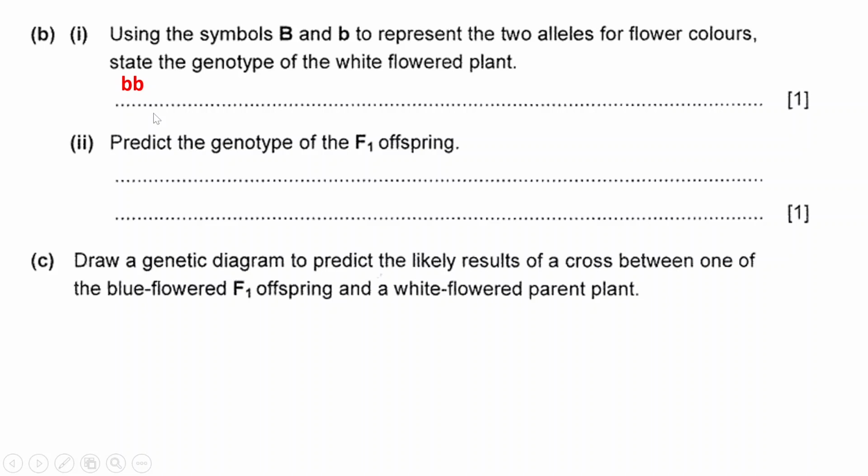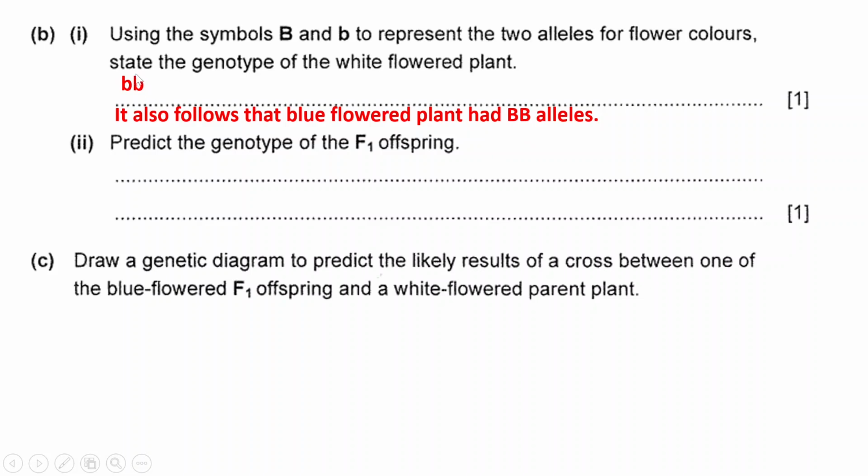It means that the blue flowered one was also homozygous, but instead it was using capital BB. So in this case, it follows that the blue flowered plant had the BB alleles. So this is the one which is going to help us answer this. That's why I was saying we are not even predicting because we already know.